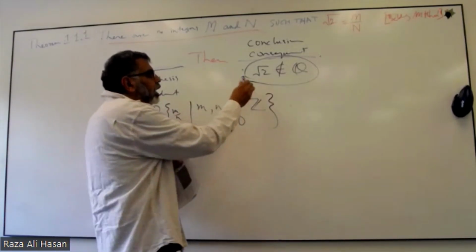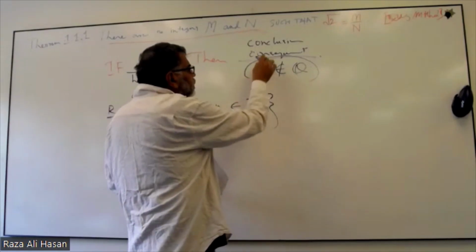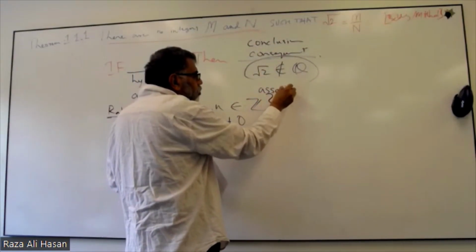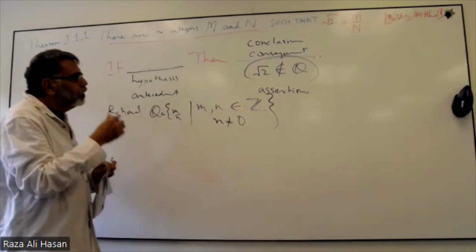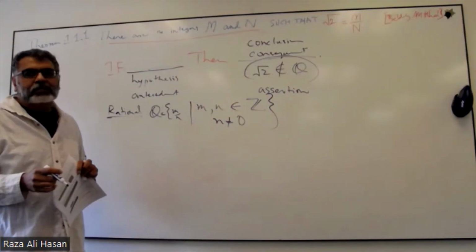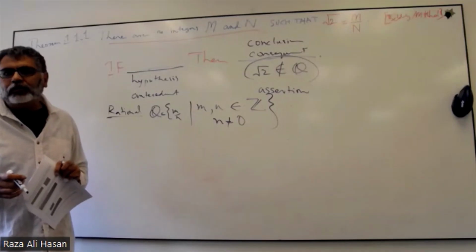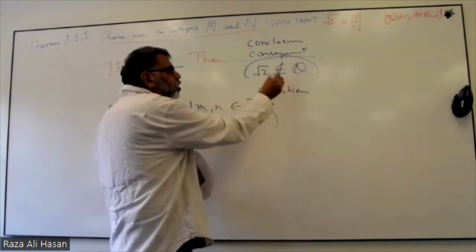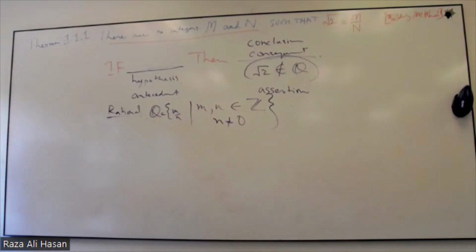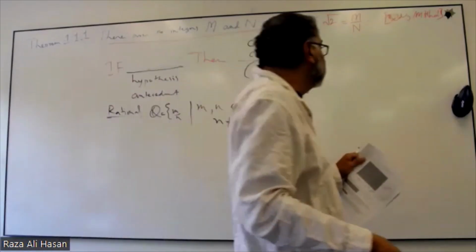Another name for the conclusion or consequent is assertion. If the theorem asserts that the square root of 2 is not a rational number, we assume the opposite of that and try to prove it. Anyway, this is what I did last time.